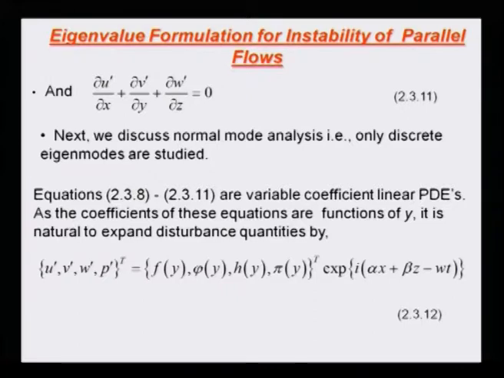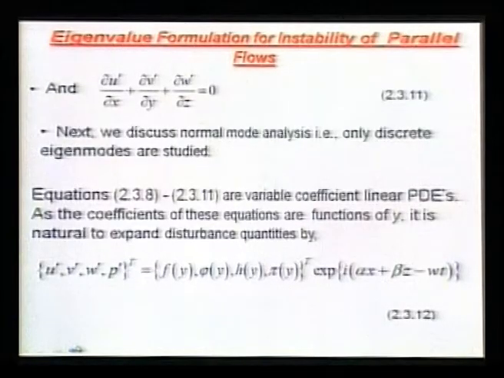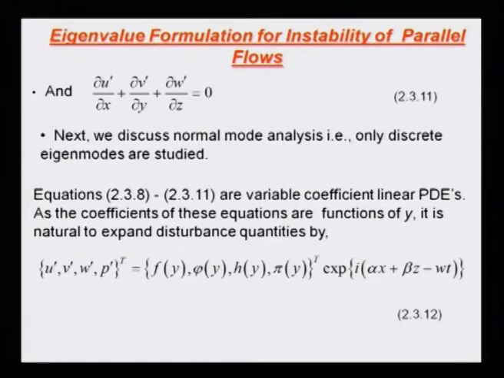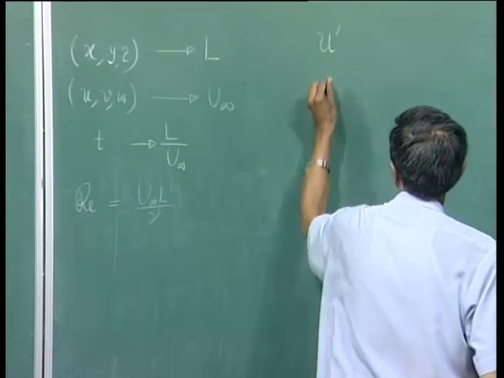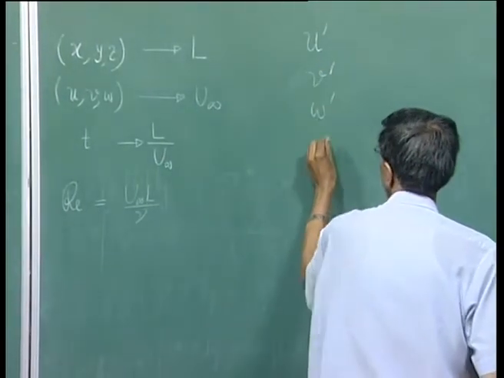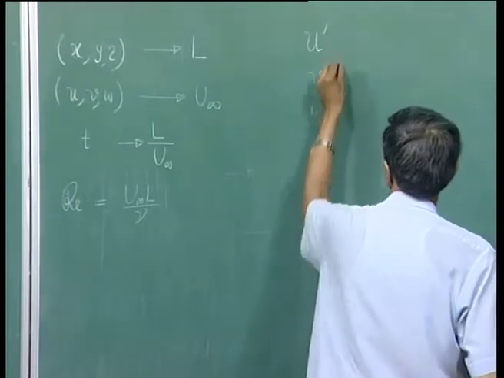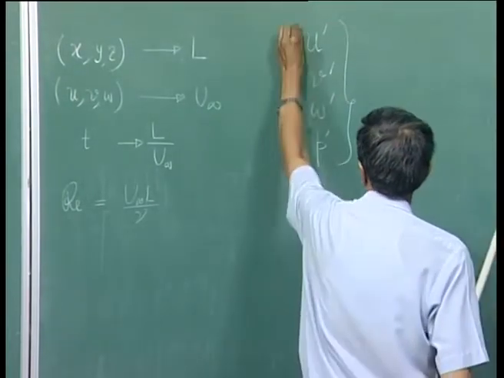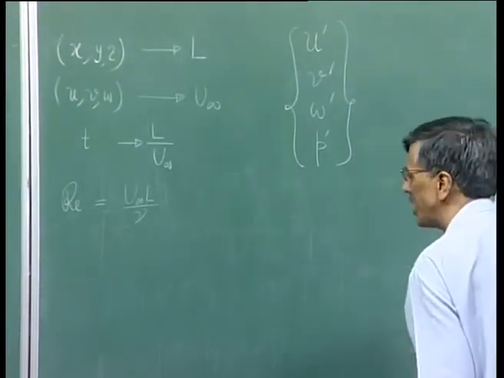So, the disturbance quantities, you are going to write like this. The disturbance quantities that we are writing here are in terms of all possible harmonic components, written in terms of the Fourier-Laplace transform.